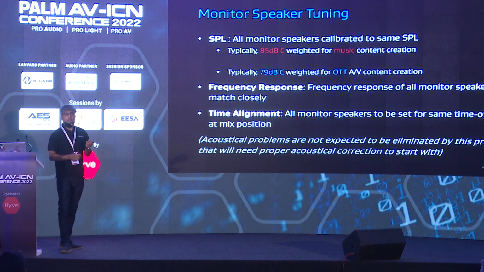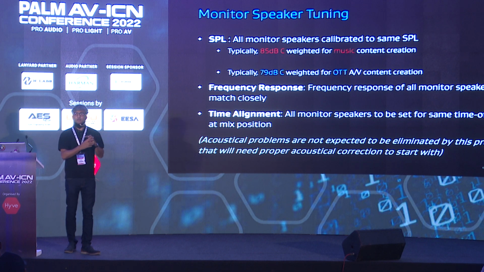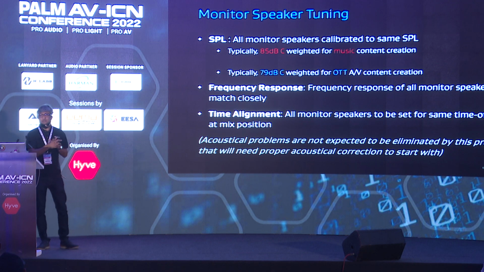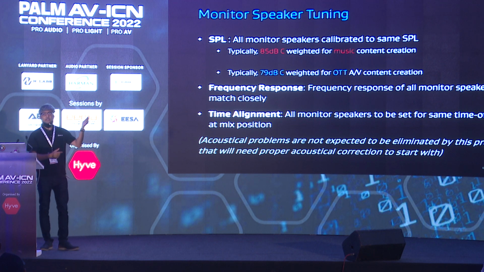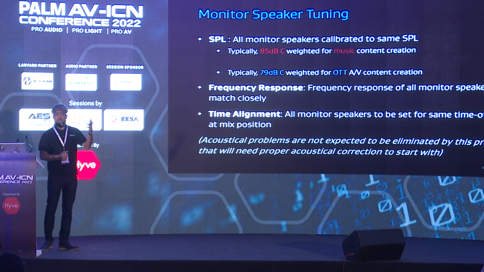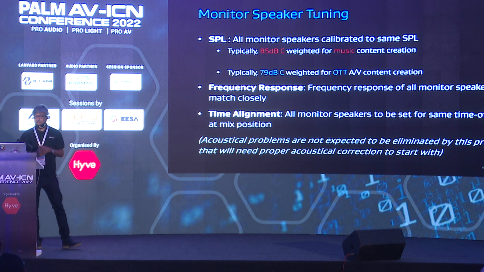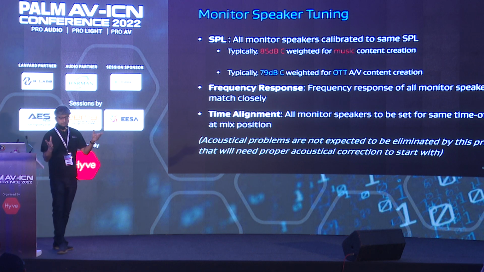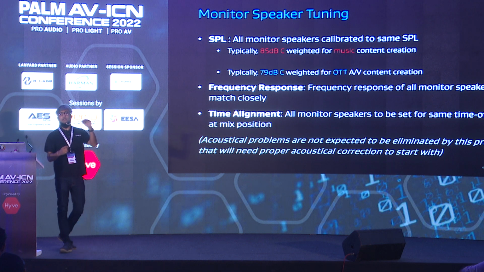You feed calibrated pink noise to your monitor, and the calibrated pink noise would be at roughly minus 20 dBFS on your meters, and that should yield an SPL of 85 dB C-weighted at the reference listening position from each of these channels. And in Atmos, all the speakers are calibrated to the same SPL level.